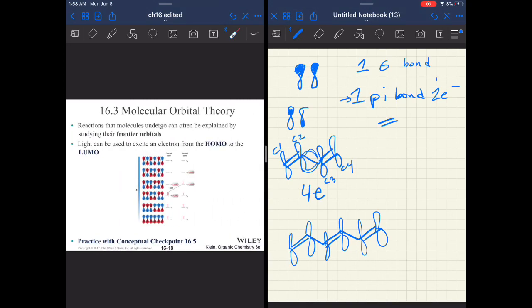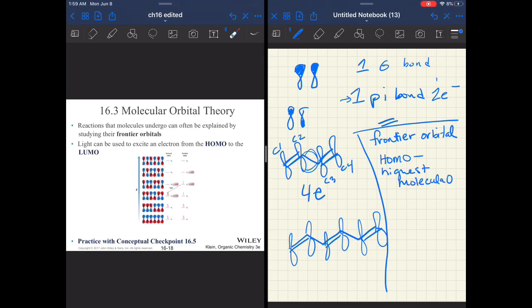Now we get a little bit of vocabulary here. When we're talking about molecular orbitals, oftentimes comes up the idea of frontier chemistry, or frontier orbital chemistry. You need to know the definition of the HOMO and LUMO. The HOMO is the highest occupied molecular orbital.